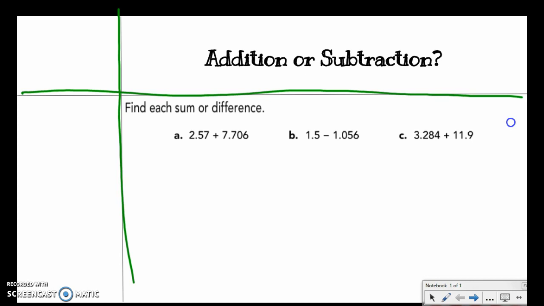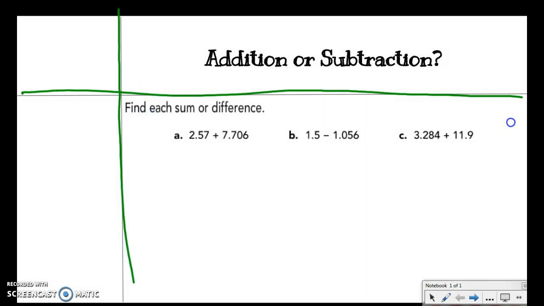So addition or subtraction, you're going to need to find each sum or difference. I want you to do this on your own and then have the teacher or assistant check your work and see if you got the correct answer. Do not put your notebook away until somebody has checked your work.